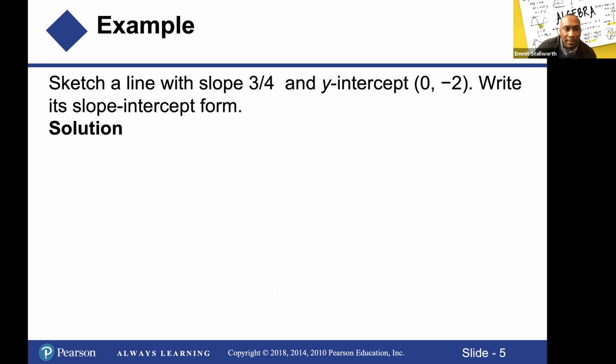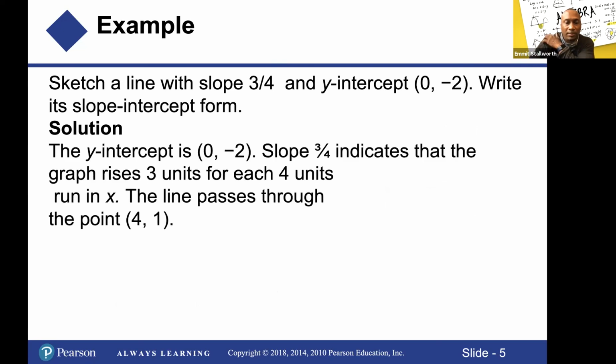All right. So we're going to sketch a line with slope 3/4. Got 3/4. And then the y-intercept is (0, -2), right? So the first thing we have to do is plot the y-intercept, (0, -2).